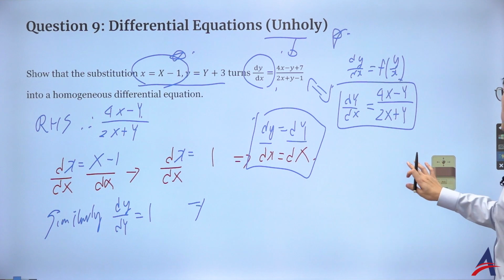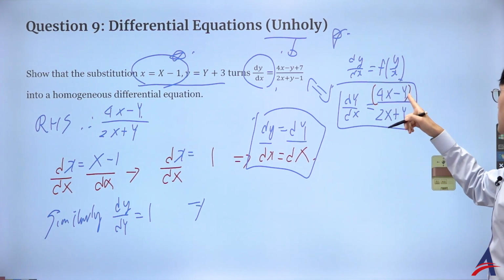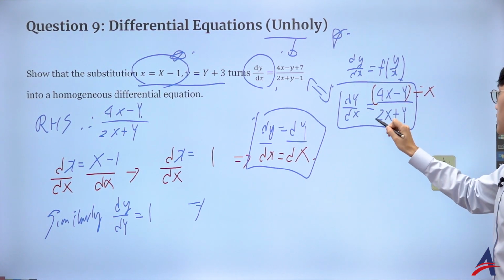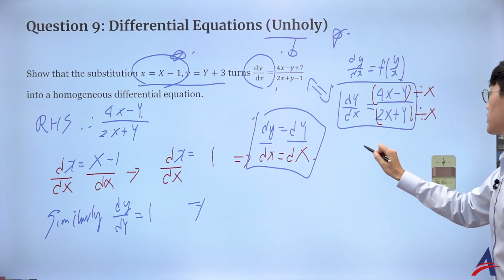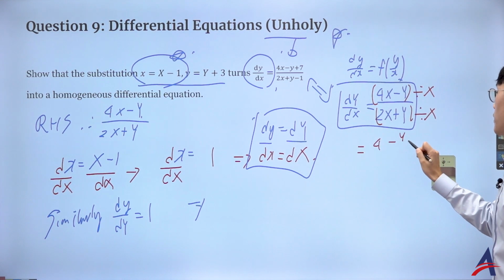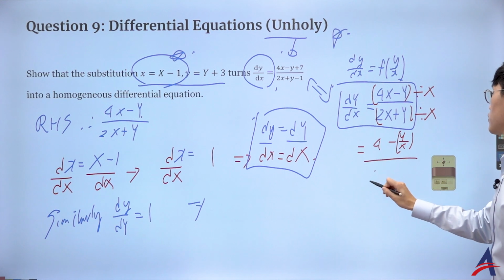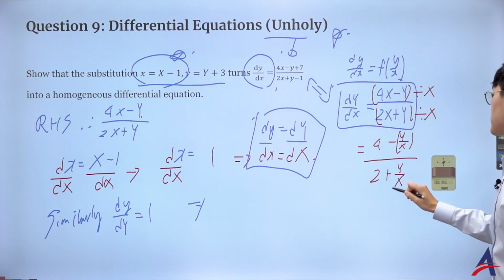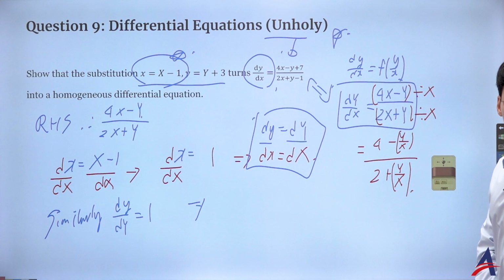Now it became separable because you can do who? Yes, I can now divide by capital letter X. So this becomes now 4 minus Y over X over 2 plus Y over X. Voila, that is great, okay?